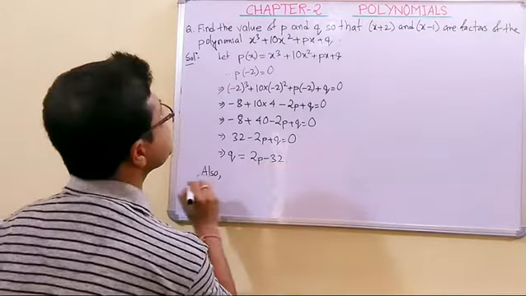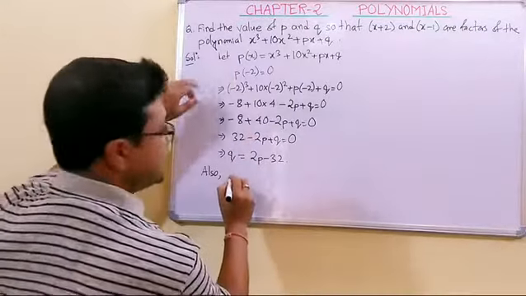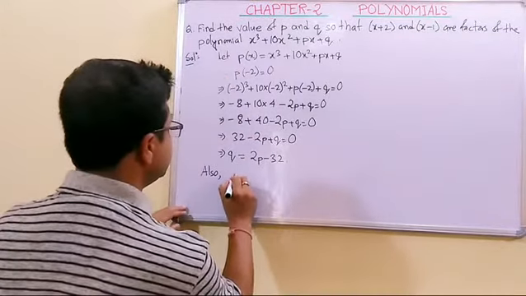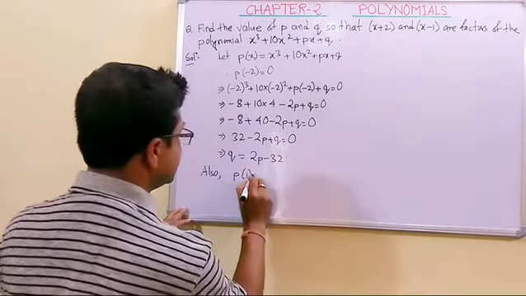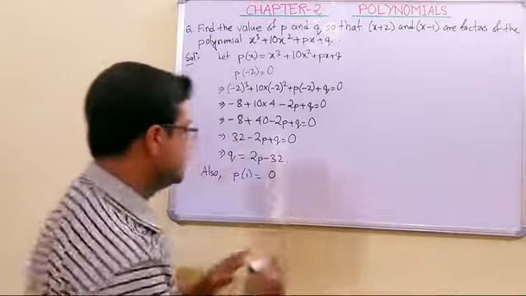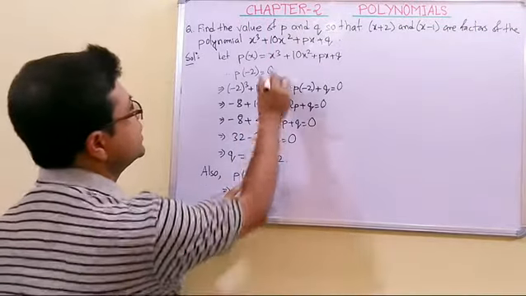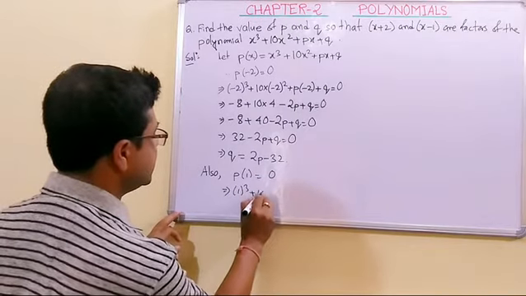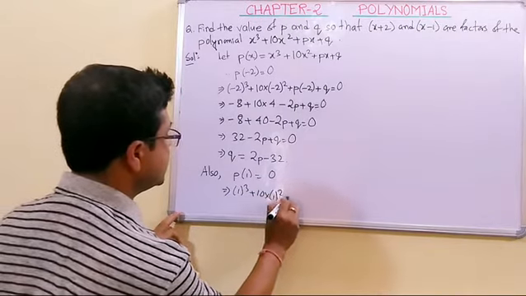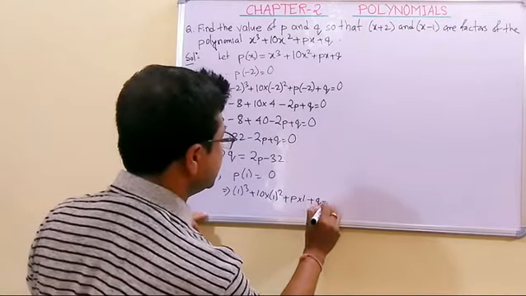Also, x minus 1 is also a factor. So the remainder is 0. Also, p of, what is the zero of x minus 1? 1 is the zero. Got it, student? Now, in place of x, here we shall put 1. So this is 1 cube, 10 into 1 square, p into 1 plus q, and the remainder is 0.